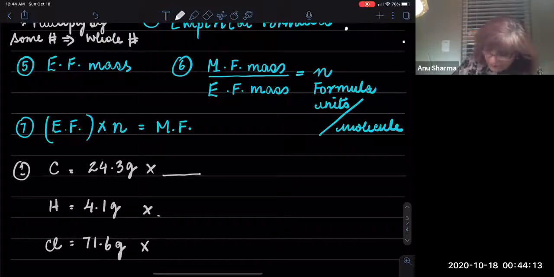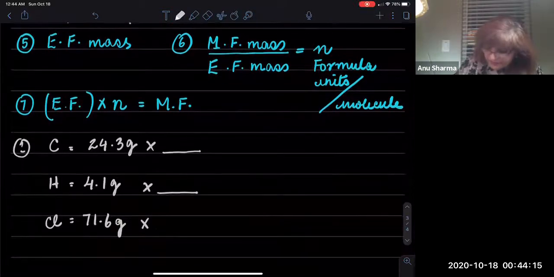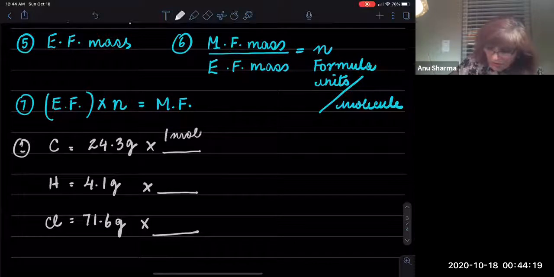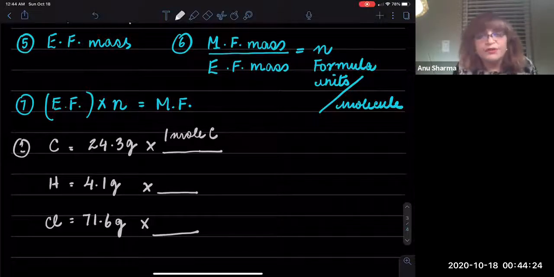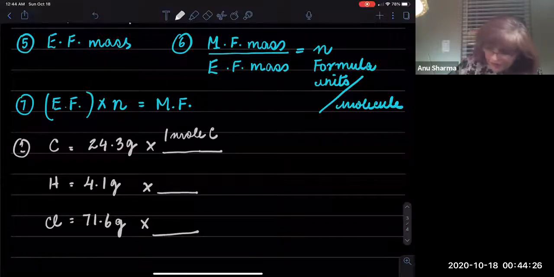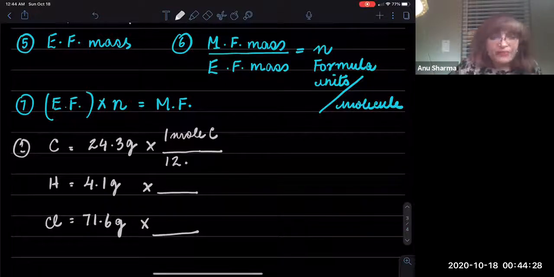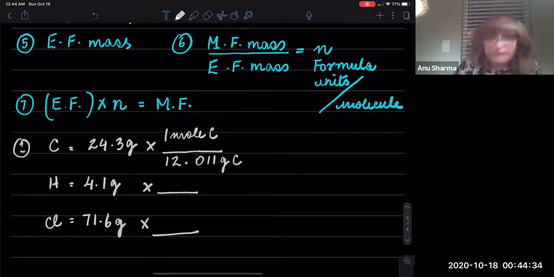We know that 1 mole of carbon is 12.011 grams. Now I'm going to use the exact numbers as I see from the periodic table, and it's okay to do that. So don't round it up right away. This is the number I see, 12.011 grams of carbon on the periodic table.